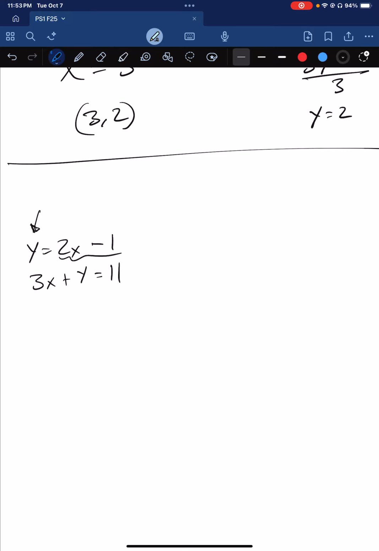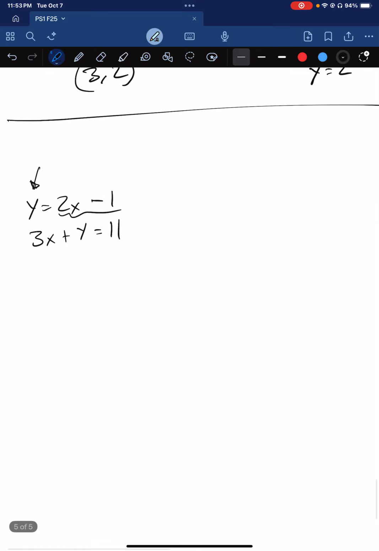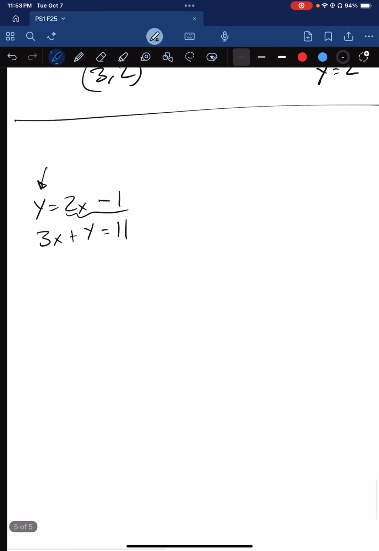I only see one y, which makes this even easier. So plugging this in, we get 3x plus 2x minus 1 equals 11. And now we just combine like terms and solve. 3x plus 2x, 5x. This minus 1 equals 11.